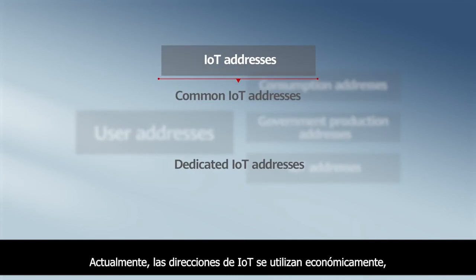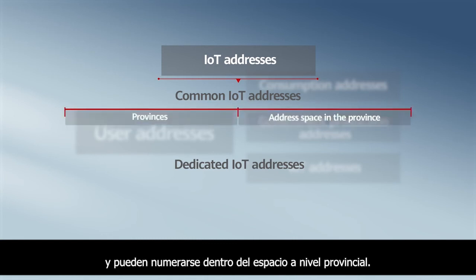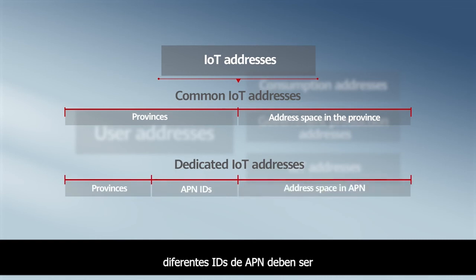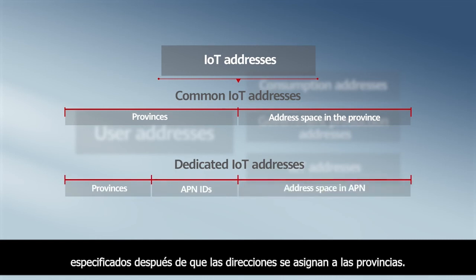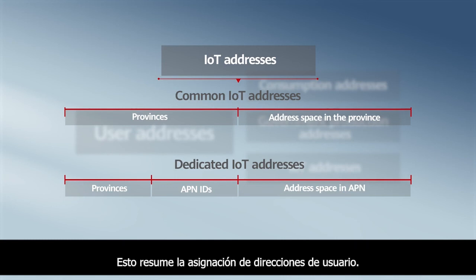Currently, IoT addresses are used economically, and therefore, they do not need to be allocated to districts or counties. Instead, they only need to be allocated to provinces and can be numbered within the space at the provincial level. For dedicated APNs, different APN IDs need to be specified after addresses are allocated to the provinces. Other information can also be specified following the APN information. This sums up the allocation of user addresses.